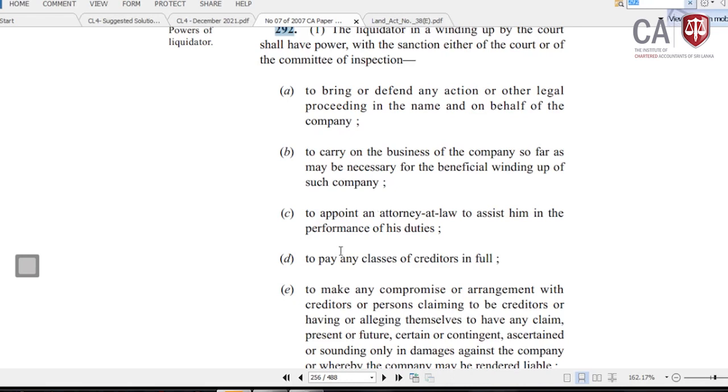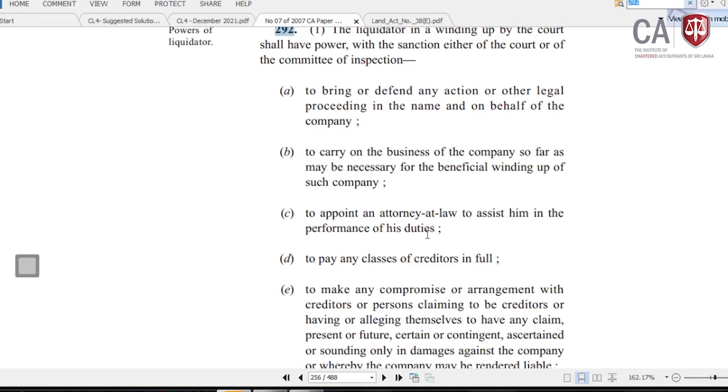Then another power, to appoint an attorney at law to assist him in the performance of his duties. You know, most of the time, the role of a liquidator is performed by a chartered accountant, an audit firm, an accountancy firm.